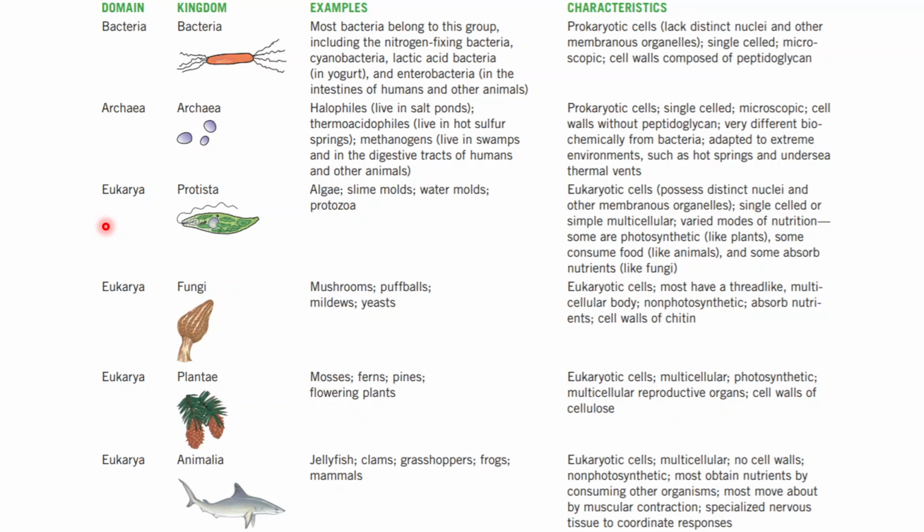Biologists have inferred that the three domains are the three main branches of the tree of life. Also, you might think that the two domains of prokaryotic organisms would be closely related. The domain archaea is apparently more closely related to the domain eukarya than it is to the domain bacteria.